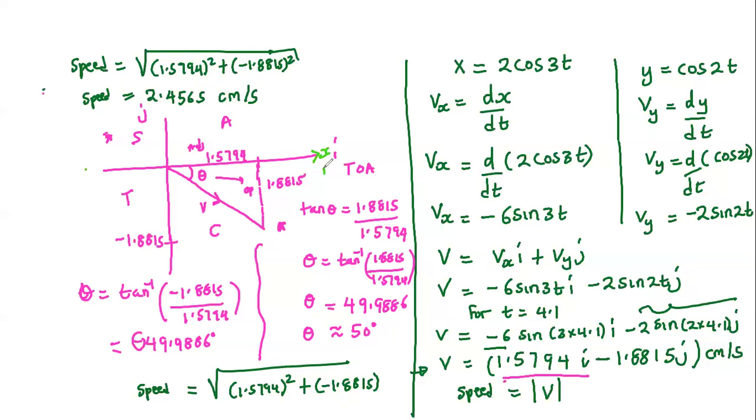That the direction of my velocity is 50 degrees below the positive horizontal axis. Alternatively, someone can come and say, when we are stating angles, always we measure them in the anti-clockwise direction, and always we measure from the positive x-axis, and we come like this. So the angle we have here is going to be 360 minus 50, and we end up with 310 degrees.